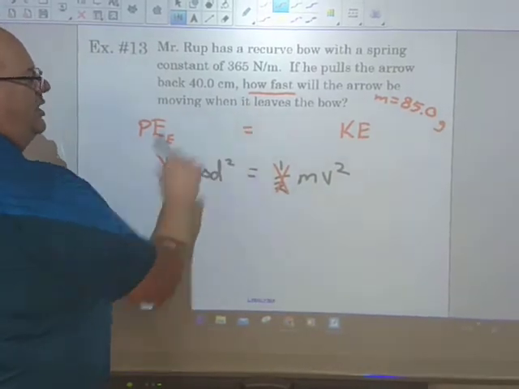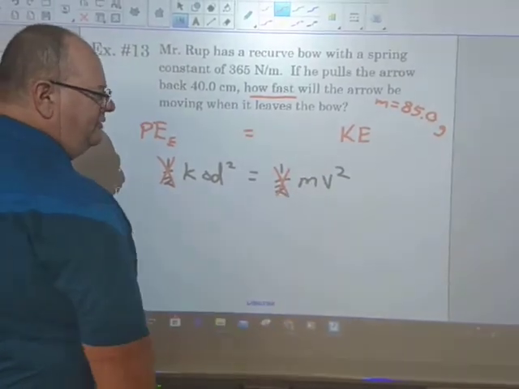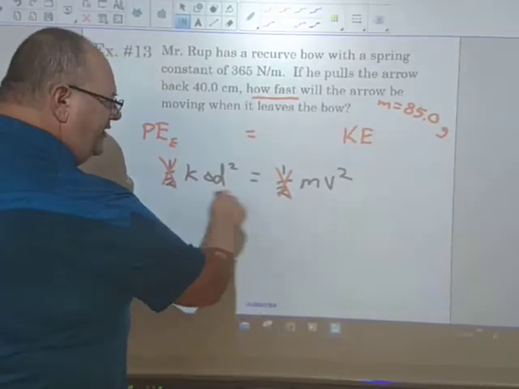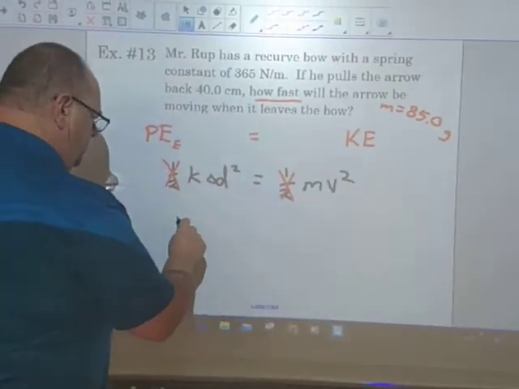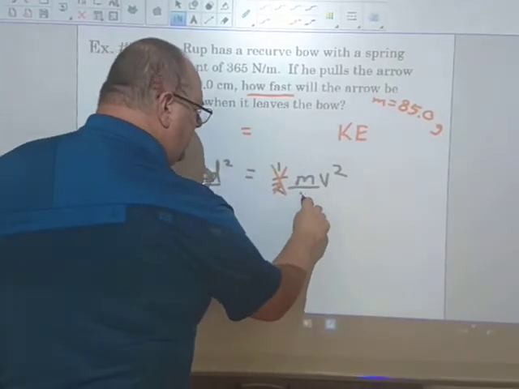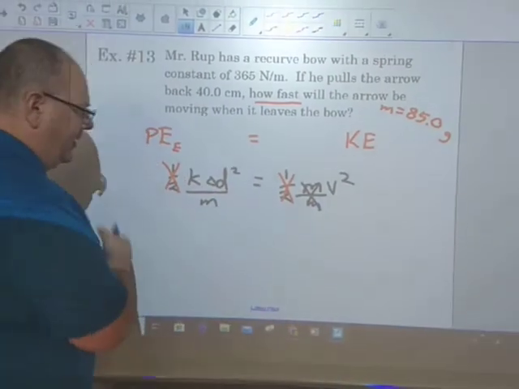So, again, I want to know how fast, so I've got to solve for v. The first thing I want to do is divide both sides by m. So, divide by m, divide by m, I can cross it off over here.